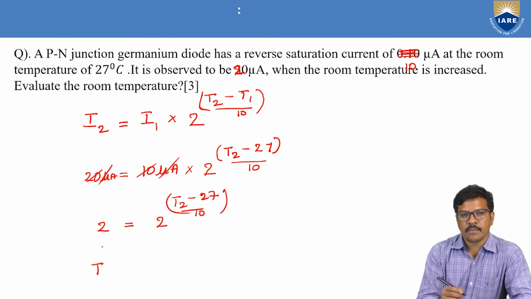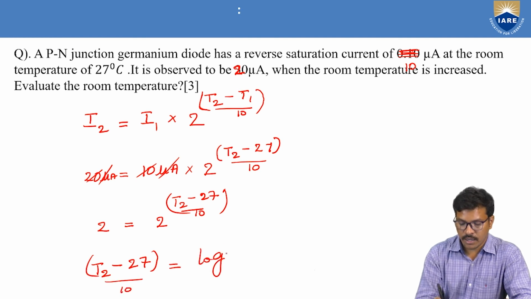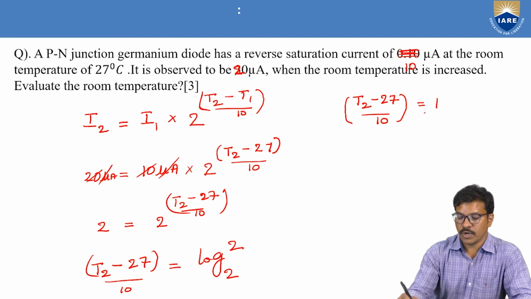And we apply the log base 2 on both sides, T2 minus 27 divided by 10 is equal to log 2 base 2, which is equal to 1.